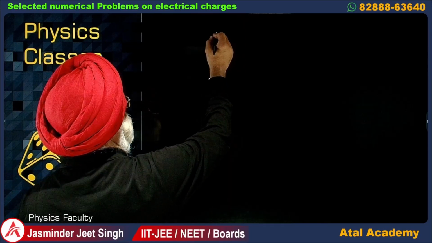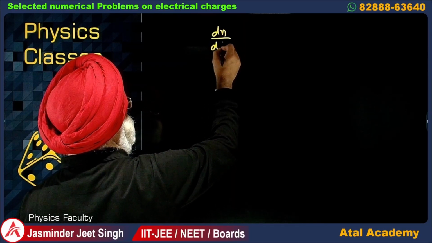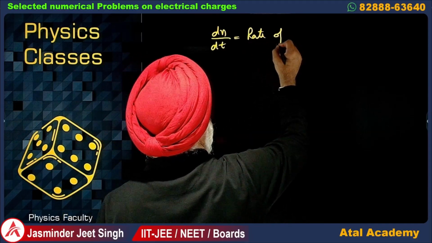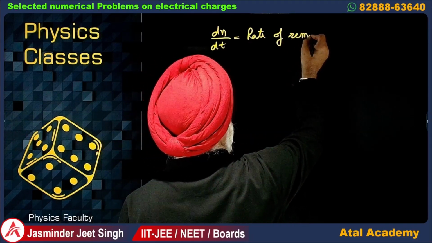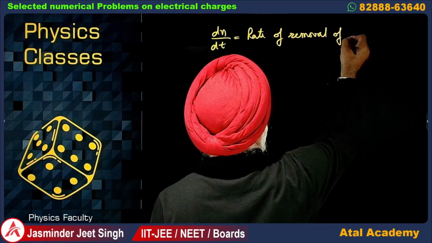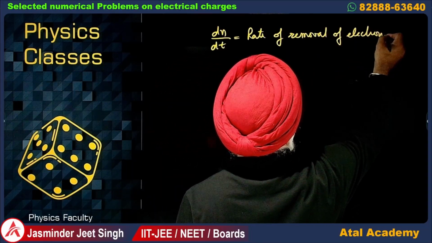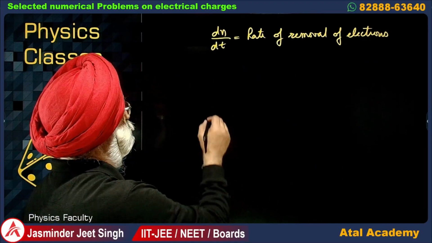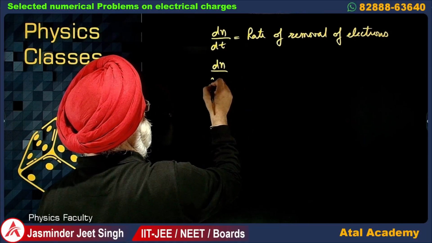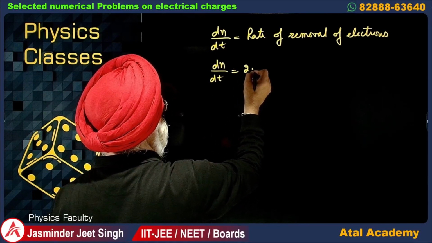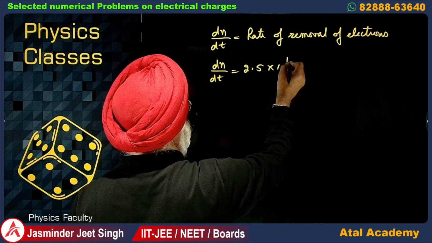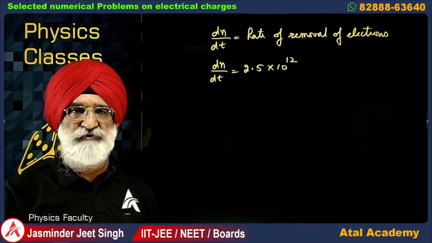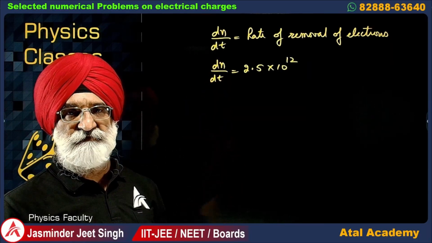Now, dN upon dt is the rate of removal of electrons, the rate at which electrons are being removed from the body, which is equal to 2.5 into 10 to the power of 12, and it is given to us. dN is the number of electrons which are being removed in time dt.